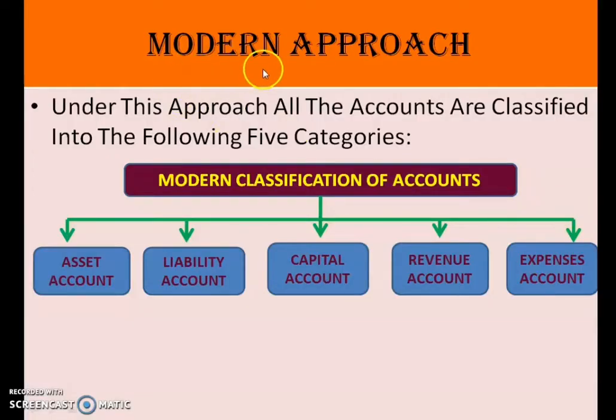Children, in modern approach all the accounts are classified in the following 5 categories: asset account, liability account, capital account, revenue account, and expenses account. So these are the 5 different categories of accounts classified under modern classification of accounts.